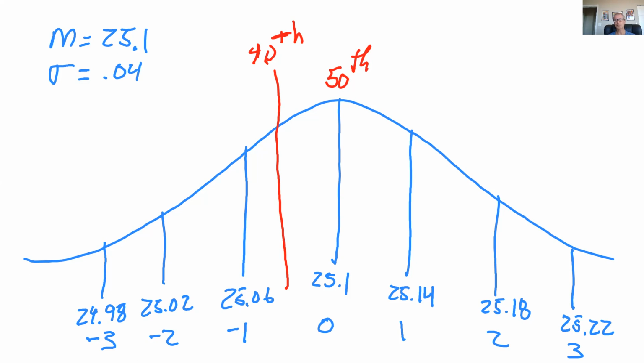And so the 40th percentile is 40th probability, 0.4. And then we have a mean of 25.1 and a standard deviation of 0.04. So the number is 25.0899. So you could see it's less than the mean, but bigger than that first standard deviation.